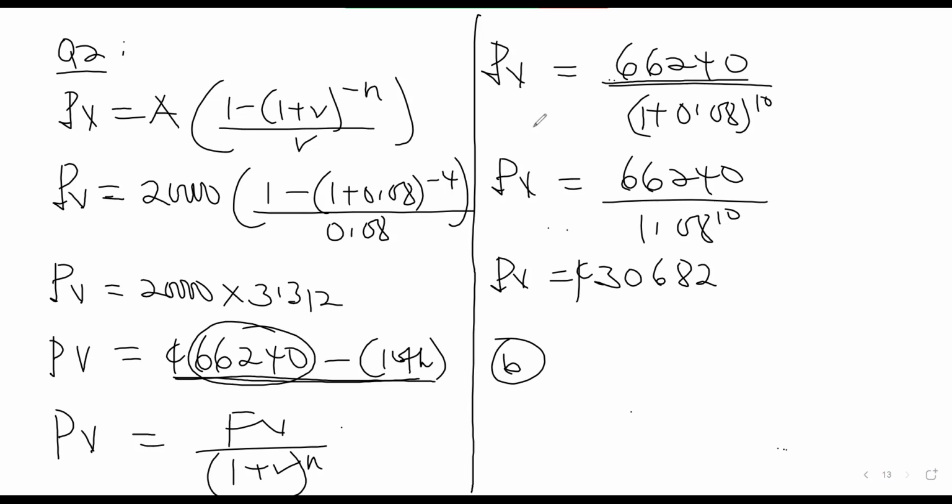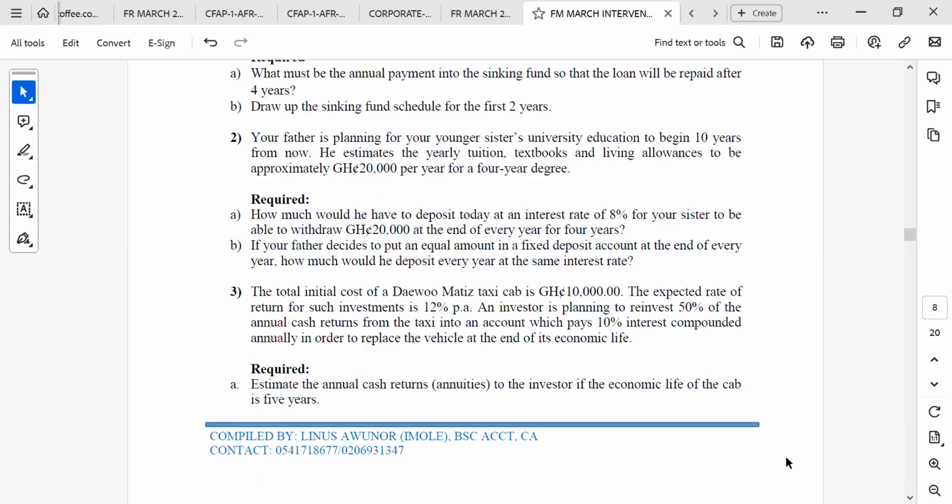Let's talk about the B part. If your father decides to put an equal amount in a fixed deposit account at the end of every year, how much would he deposit every year at the same interest rate?